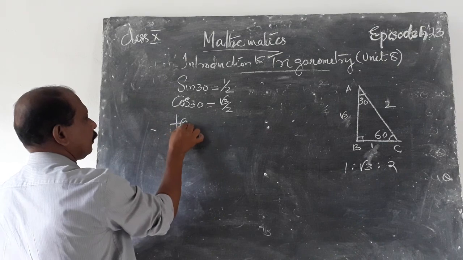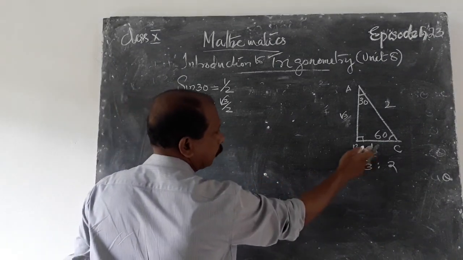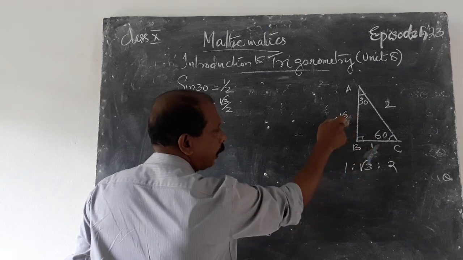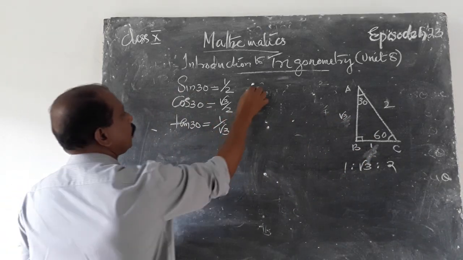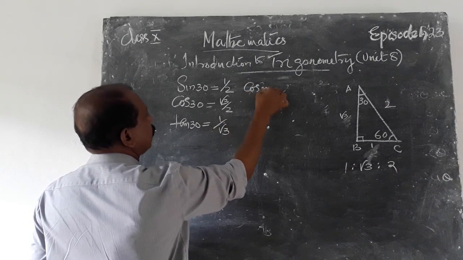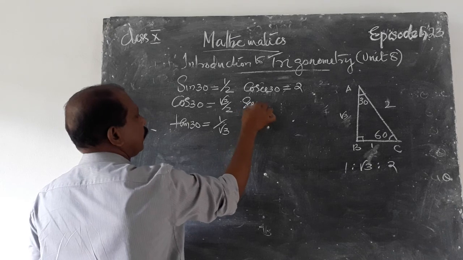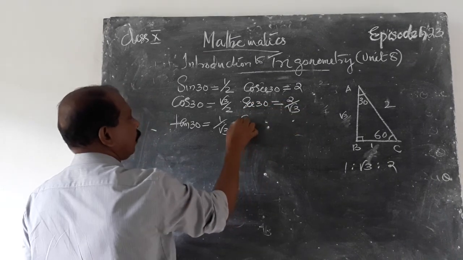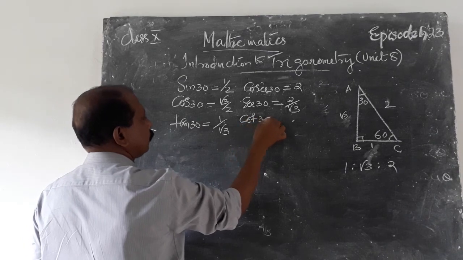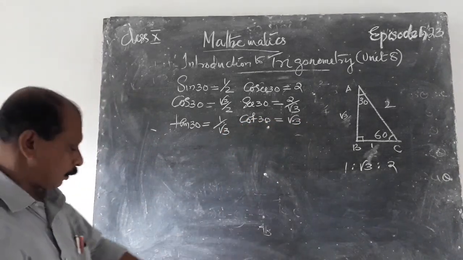Tan 30 is equal to opposite side by adjacent side, that is 1 by root 3. Therefore, cosec 30 is equal to 2, the reciprocal. Sec 30 is equal to 2 by root 3, that is a reciprocal. And cot 30 is equal to root 3, that is the reciprocal of 1 by root 3.